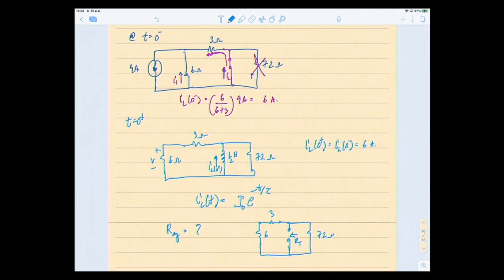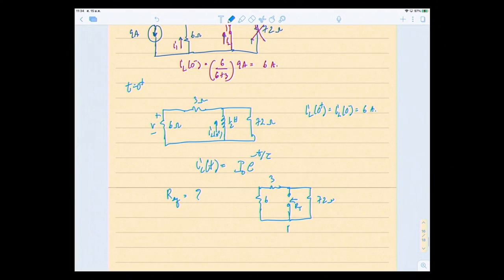So R total equals R equivalent here. Imagine there's a current flowing here. We go through 3 and 6. So 3 and 6 are in series, right? And then parallel with 72. So 6 plus 3 parallel with 72 equals 8 ohms.